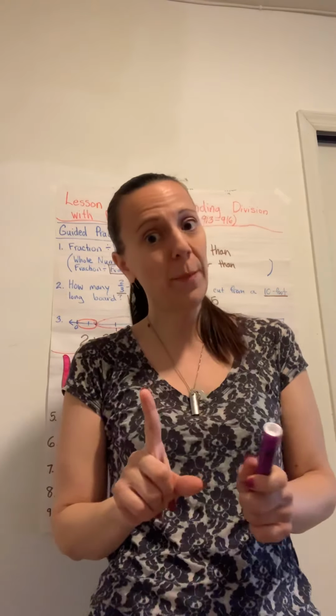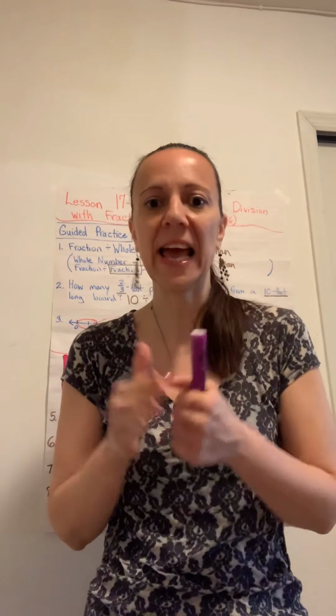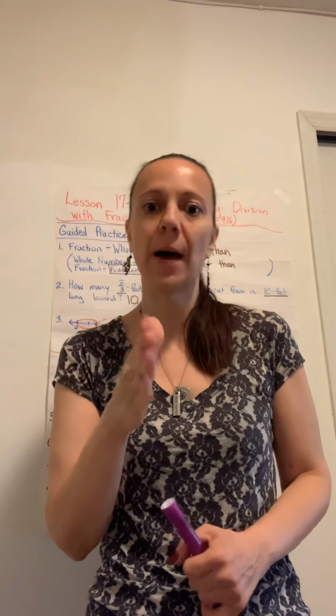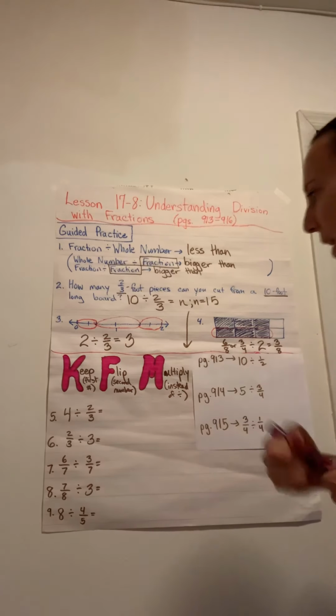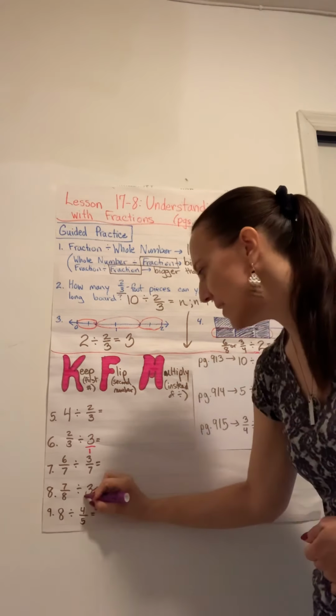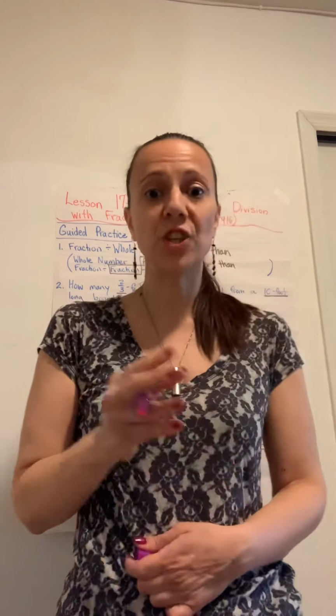If I have a whole number, now is the time to remember that I can turn any whole number into a fraction just by putting a denominator of 1. So for example, if I have something like 3, I'm changing it to make it 3/1. That doesn't change anything because remember, the denominator of a fraction means how many pieces are in each whole.